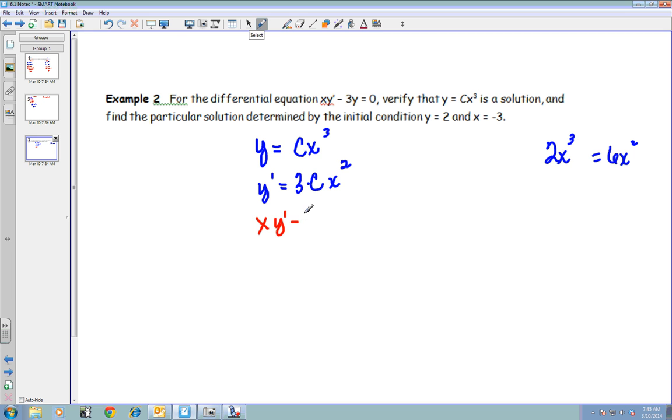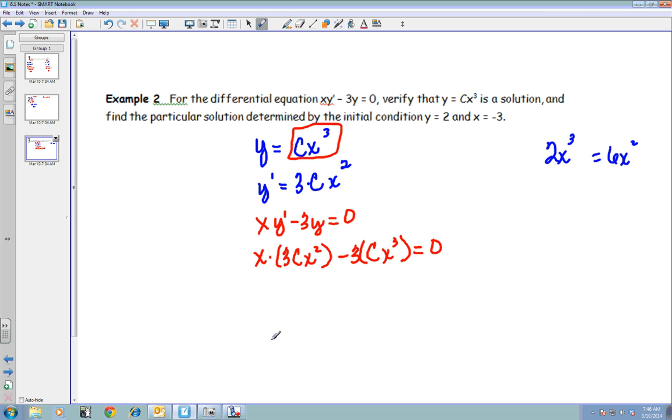So I'm going to take what I have and plug it into this differential equation. So I have x, I don't know what x is, times y prime. Well, y prime is 3cx squared, minus 3 times y, and y is this right here, cx cubed, and it's supposed to equal 0.